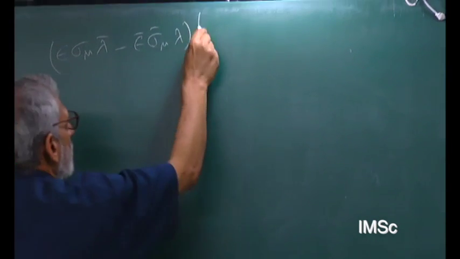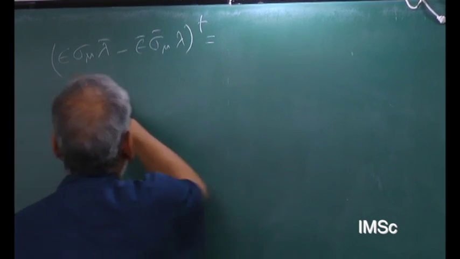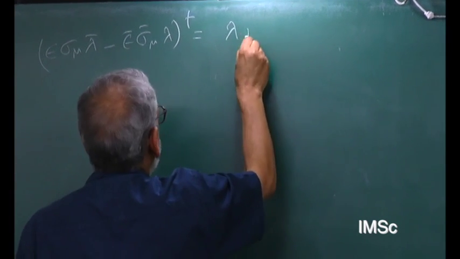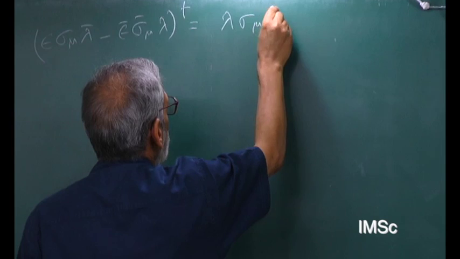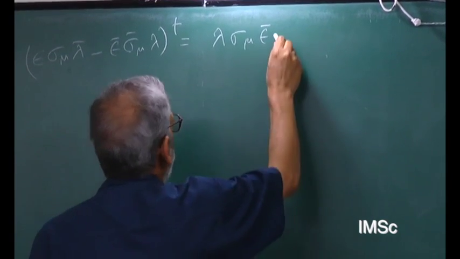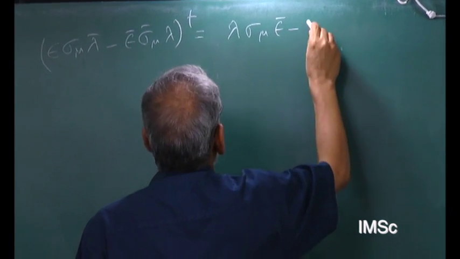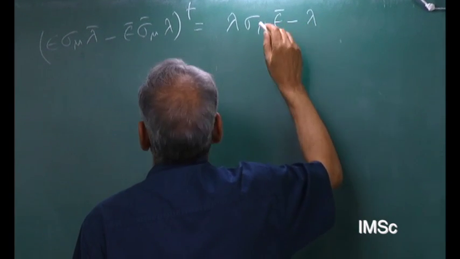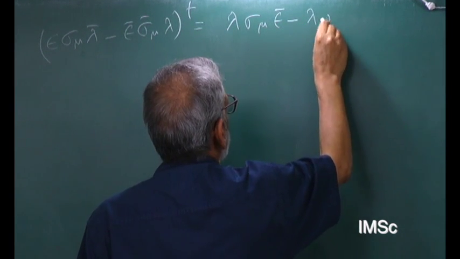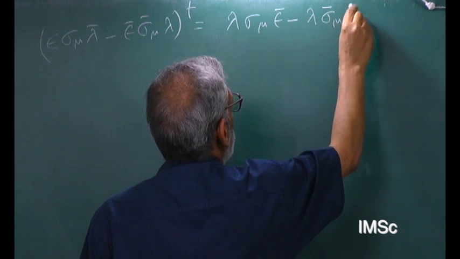So let me take the adjoint of this object. The adjoint of this piece is lambda sigma mu epsilon bar. The adjoint of the other piece is lambda bar sigma bar mu epsilon.